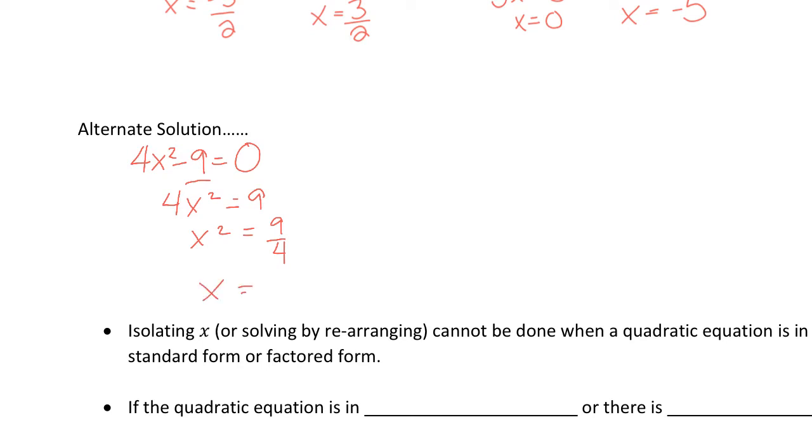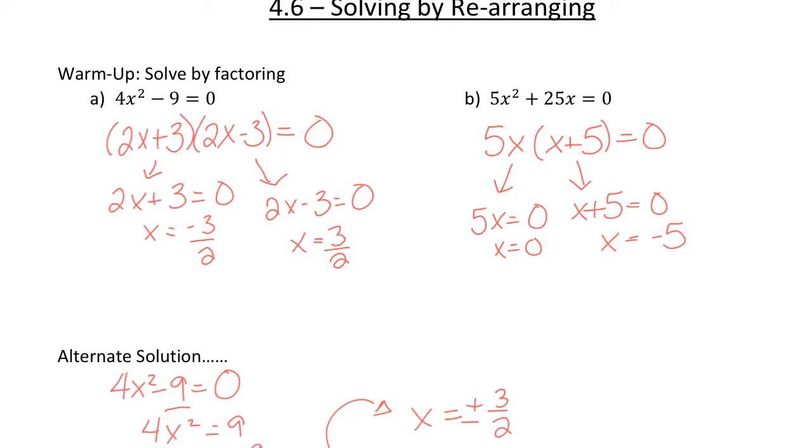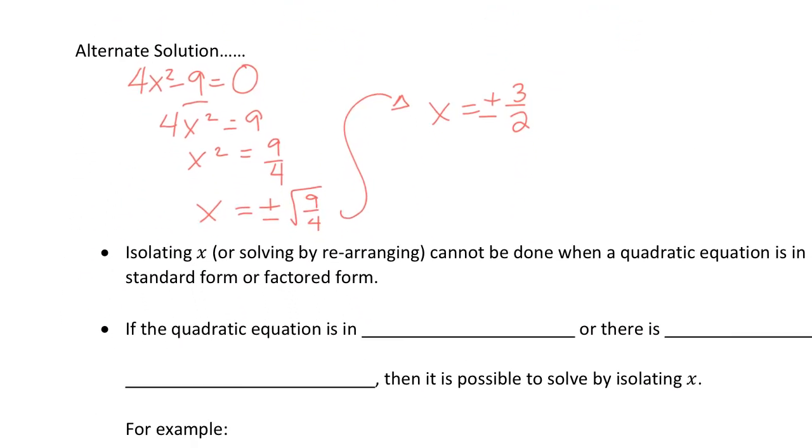So when I square root both sides, I'm going to have plus or minus the square root of 9 over 4, which gives me positive or negative 3 over 2, which is what I got in the warm-up. So again, looking back at question B, I can't move things around to get x by itself, but for question A, I can. So I want you to notice the difference between those two.